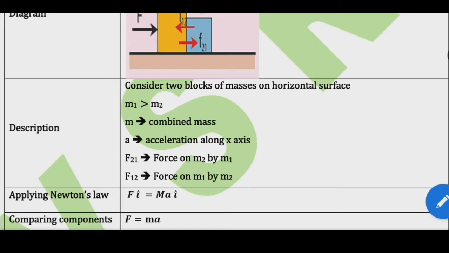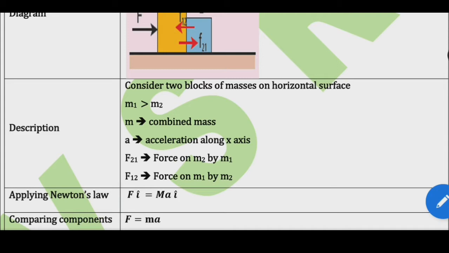Applying Newton's law to find the acceleration A, we apply Newton's second law to the system. The combined mass m is m1 plus m2. So F is equal to m into A. F i vector is equal to m A i vector.